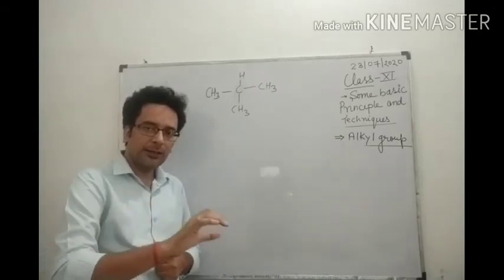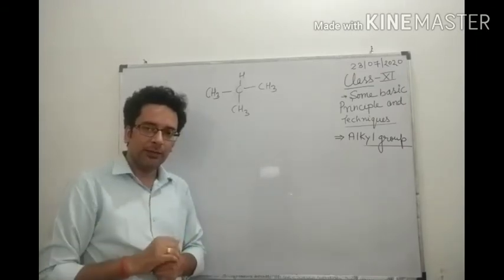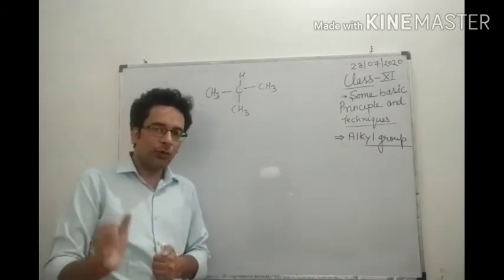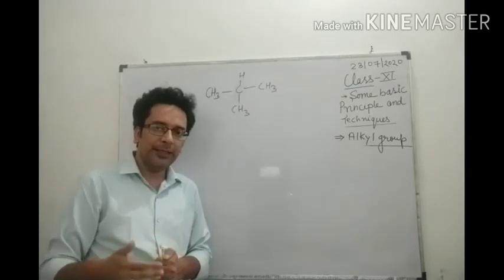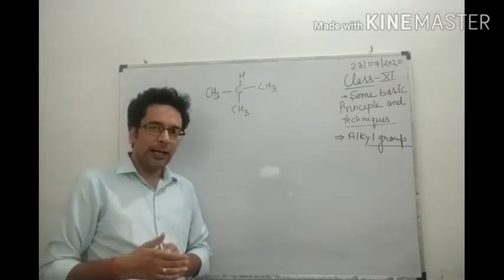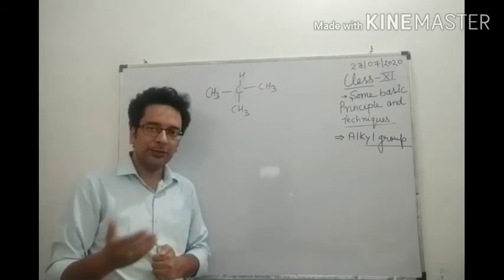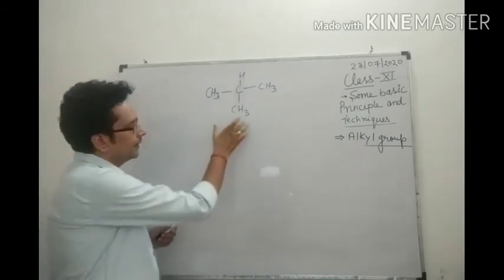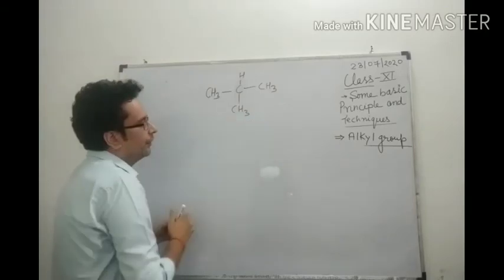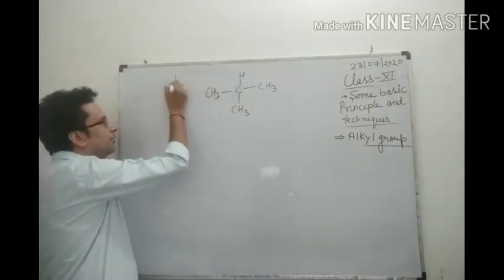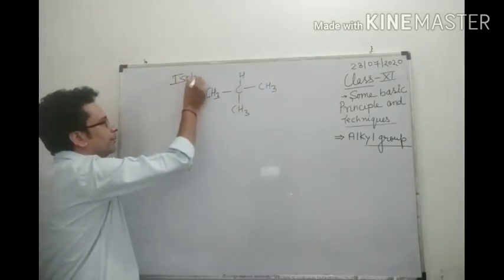We draw the straight chain of 3 carbons and add 1 carbon, with the appropriate number of hydrogens, to the second carbon. This is known as iso. So look here, this is the structure of isobutane. What is the name of this structure? Isobutane.